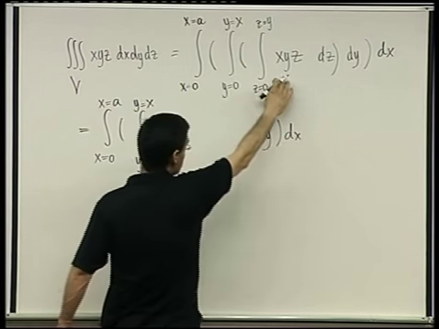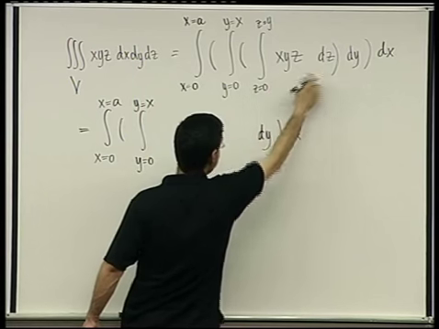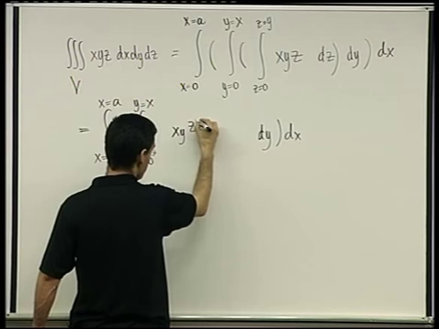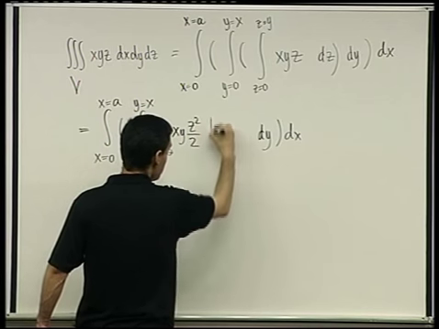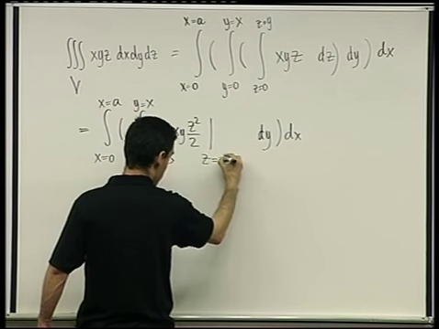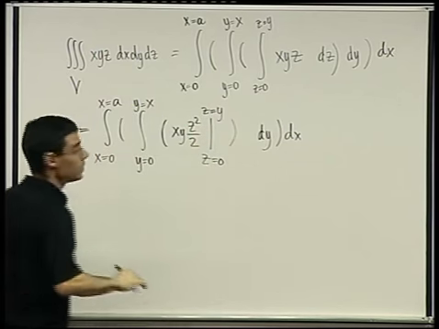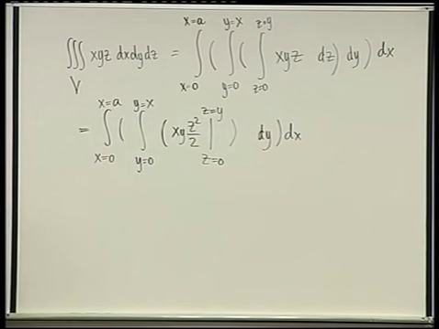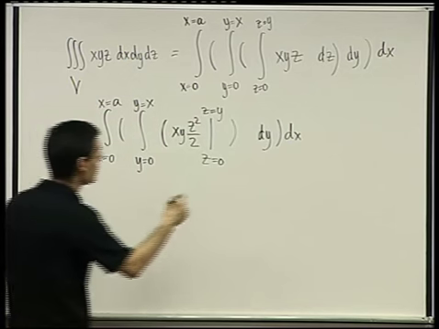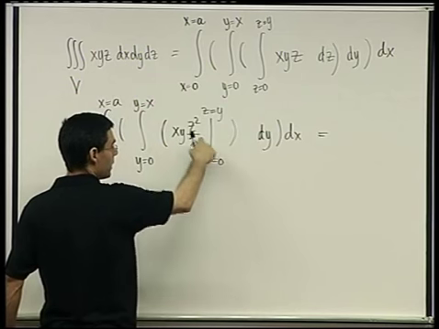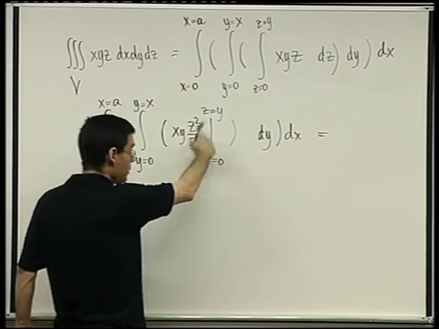And now the inner integral, xyz dz, is going to be xyz squared over 2 evaluated between z equals 0 and z equals y. Do you agree? 1 snake down, 2 to go. Now I have to plug in the top minus plug in the bottom, right? That's how we do single integrals.